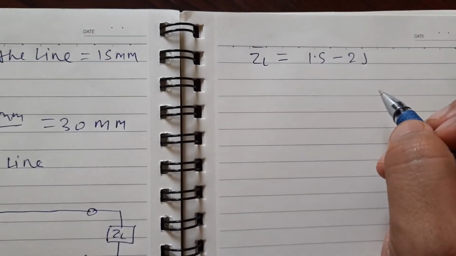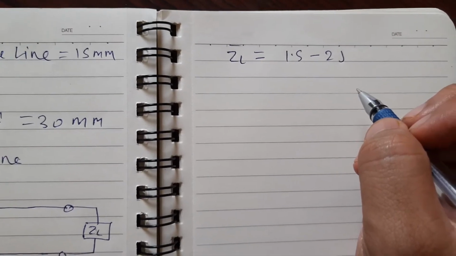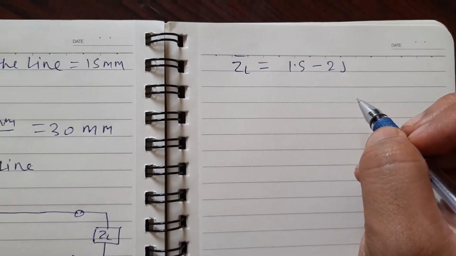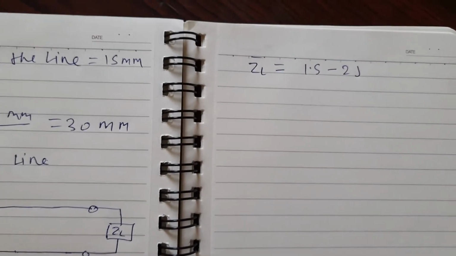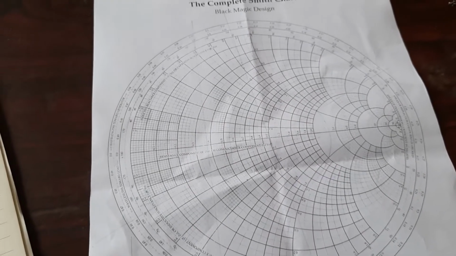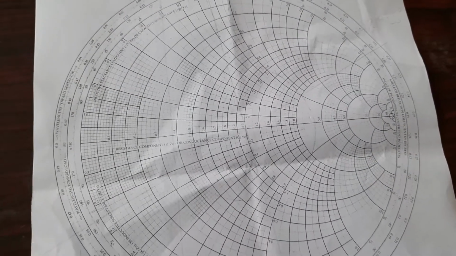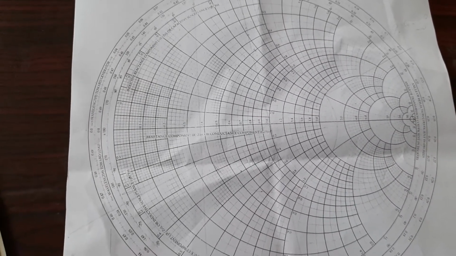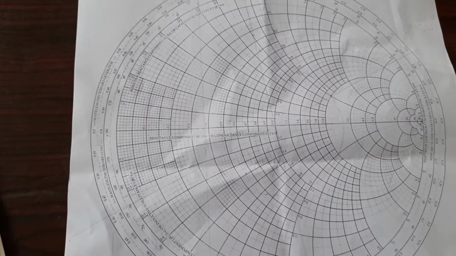Now we need to locate this point on the Smith chart. So now we have the Smith chart. We need to locate 1.5 minus 2j.